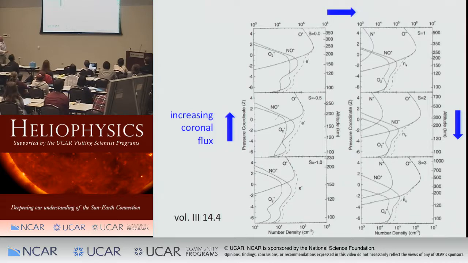This is the lowest flux, minus 1, whatever that means, lowest flux of EUV and X-ray photons up to the highest flux. And you can see the number density of electrons. The structure of the ionosphere is changing as well, but we have variation from solar minimum to solar maximum.